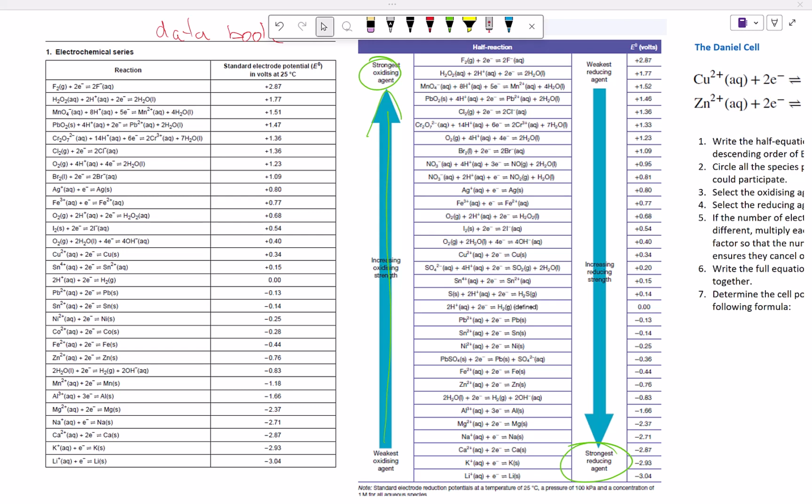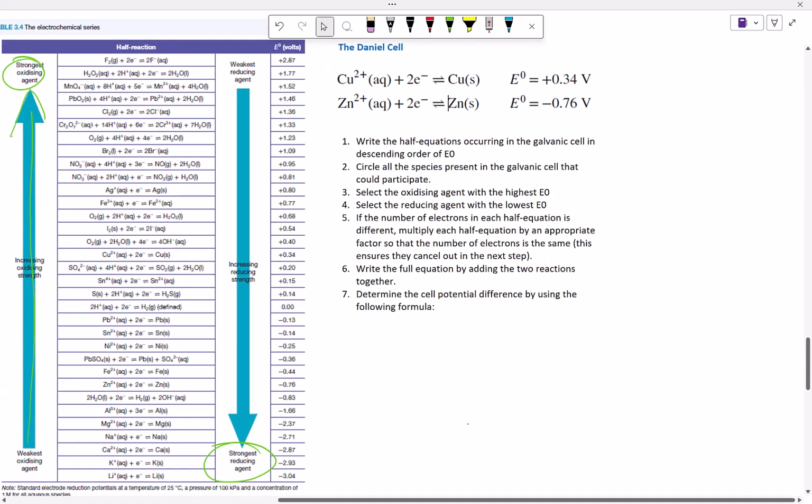All right, so when we're doing something like the Daniell cell, and it could be any of these cells, we're going to write the half equations occurring in the galvanic cell in descending order of the electrochemical series. So for example, if I look at where copper and zinc are, let me scroll down. You won't be able to see where I am, I'm literally going down to find where copper is.